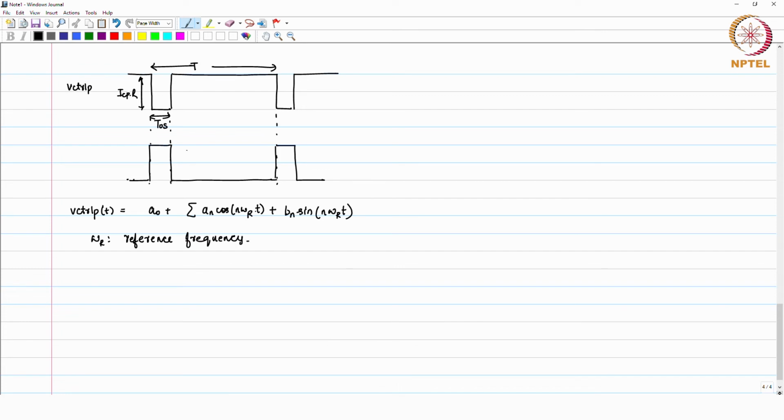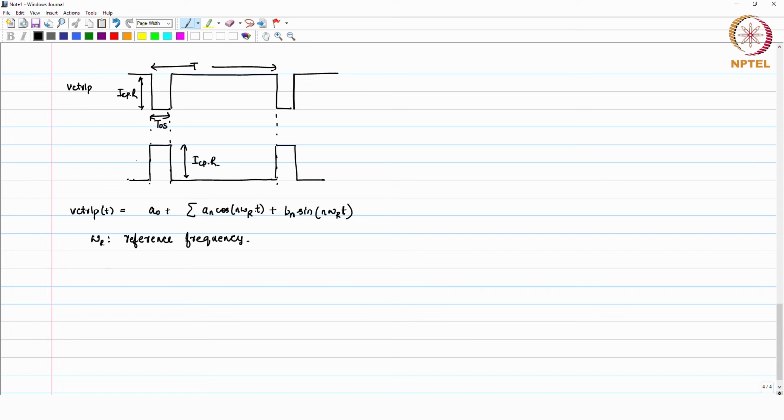And I am just writing it for the positive one so as not to get confused with the negative sign during our calculation. Let us say this is I_CP times R also here. When I do this, what I will find is that you have both the sine and cosine components.